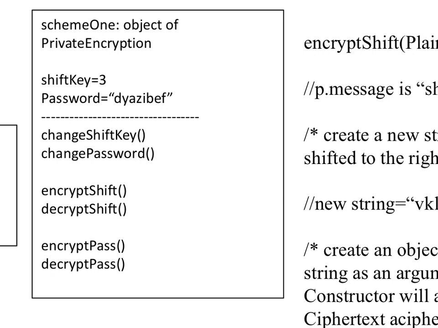Similarly, if you do the encryption based on a string, which is a password, to encrypt you call this method, to decrypt you call this method. So this is basically the private encryption.java class and all its functionalities.